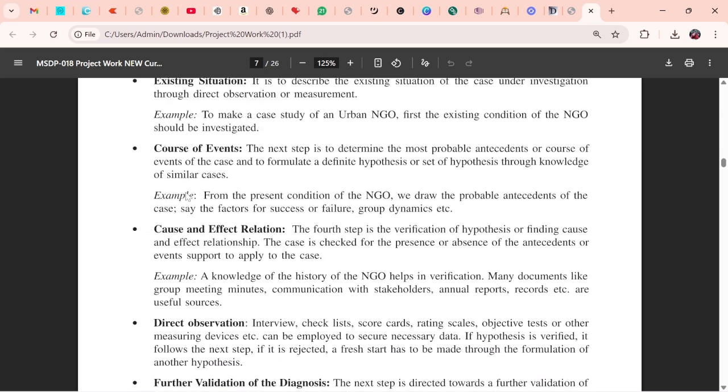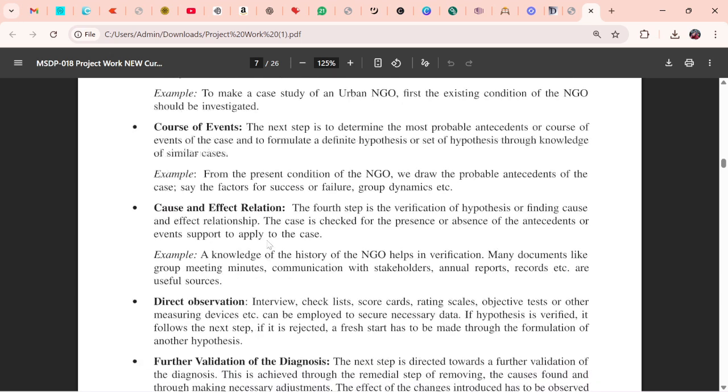For example, from the present condition of the NGO, we draw the probable antecedents of the case, say the factors for success or failure, group dynamics, etc. So this has to be taken care of.